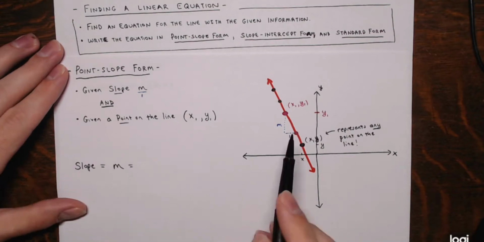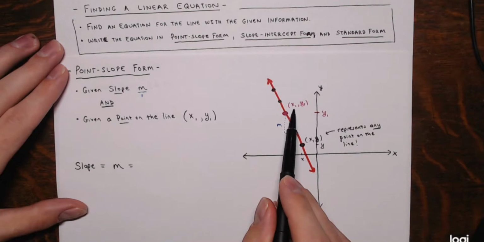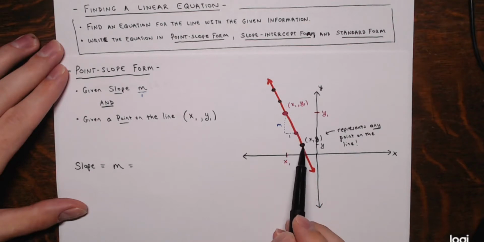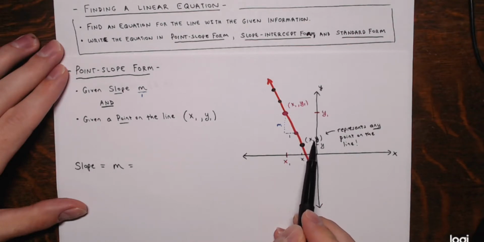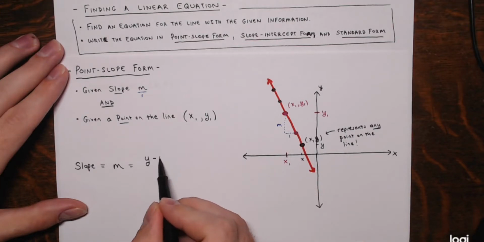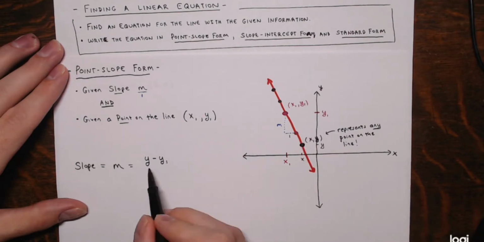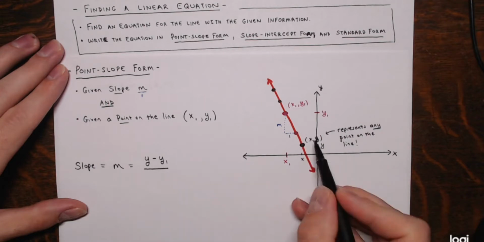Well, if I go between x1, y1, the point that I know, and any other point with an x-coordinate x and a y-coordinate y, the slope is the change in the y-coordinates, y minus y1, divided by the change in the x-coordinates.